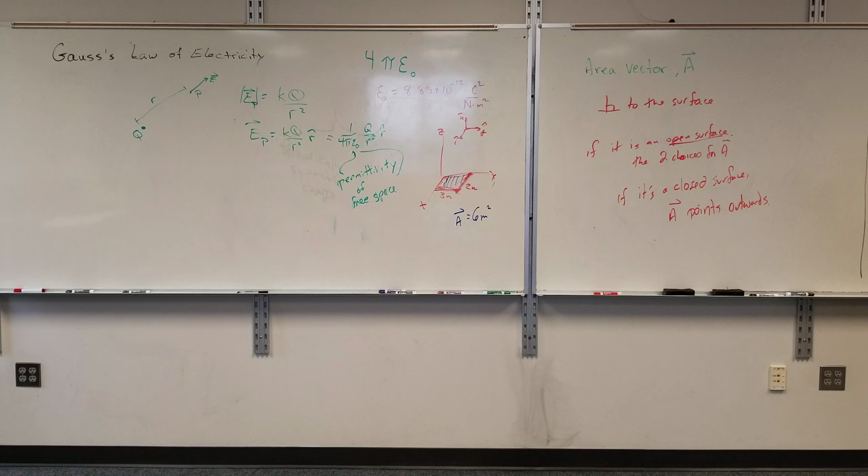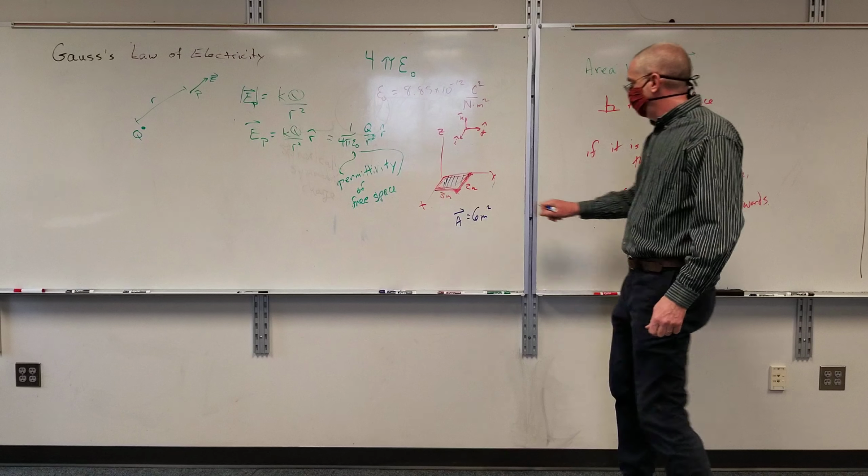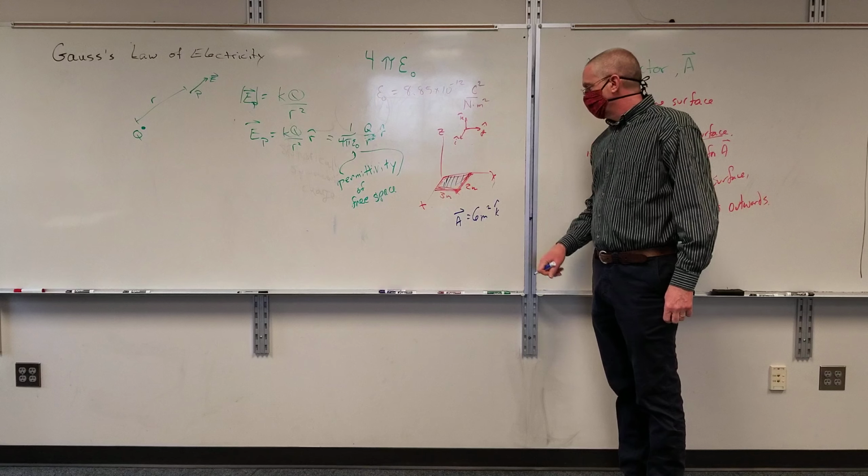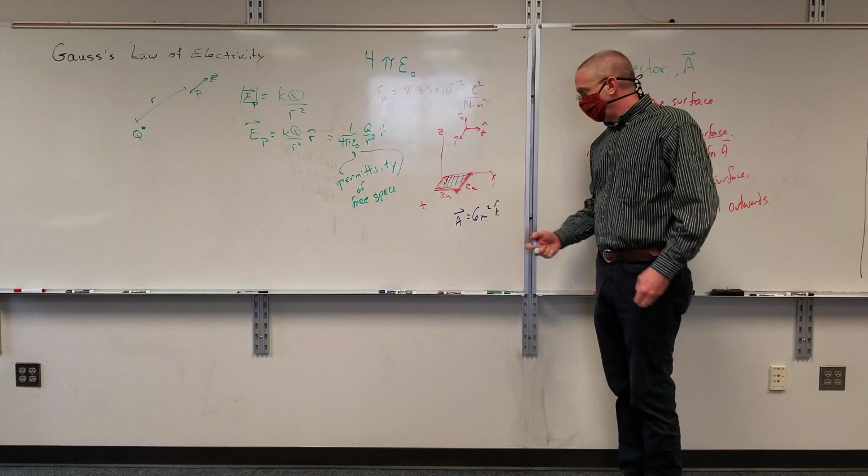I don't care which one you pick, just pick one. So the two choices for A, if it's an open surface, are positive or negative. Whatever one of them would be, a minus in front of the other one would also work. So K hat, or put a minus sign in front of all of it.